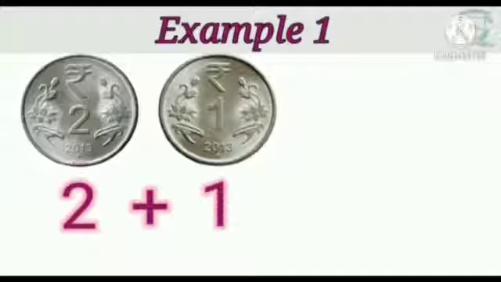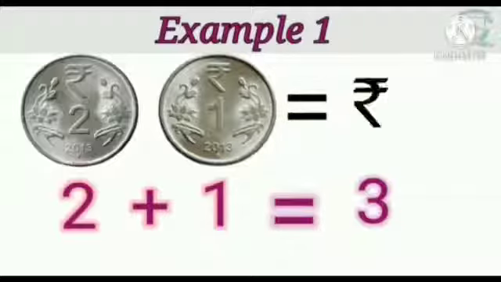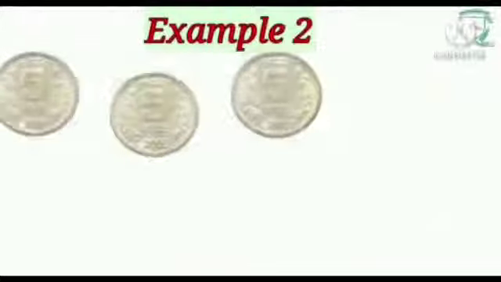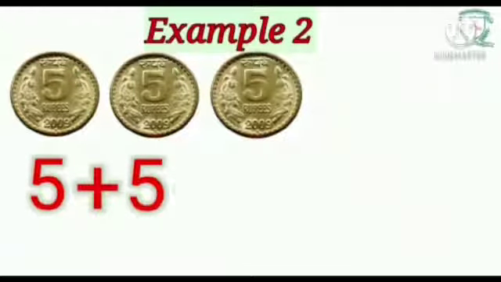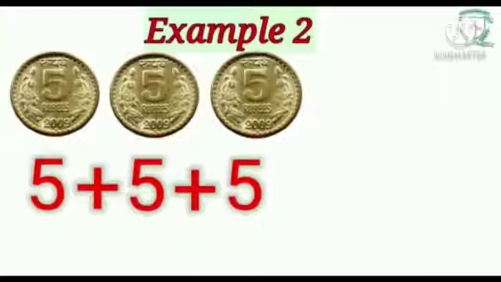When we add 2 rupees and 1 rupee, we get 3 rupees as total. In the next example, we have 3 5 rupees coins. If we add them, we get rupees 15 as the total.